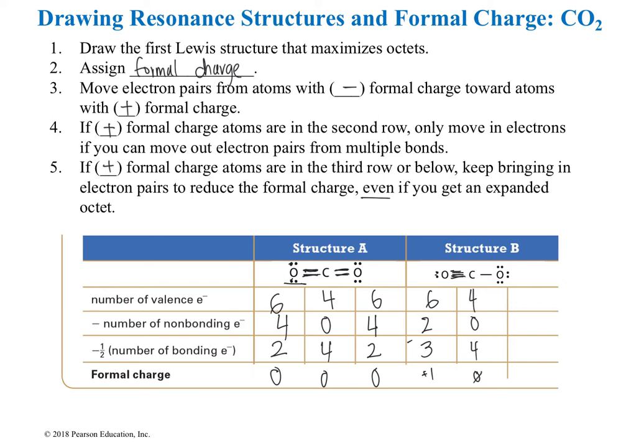And then this oxygen: 6 valence electrons, 6 non-bonding and 1 bond, so that has a negative 1 formal charge. So we look at those totals. They all add up to 0, which is good, but this structure A is going to minimize our formal charge. We have fewer nonzero formal charges on fewer atoms, so that's going to be the more stable, and that's how we actually draw carbon dioxide most often.